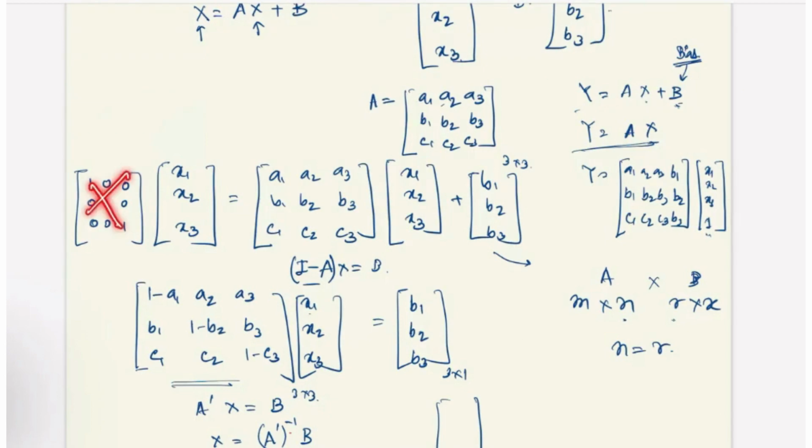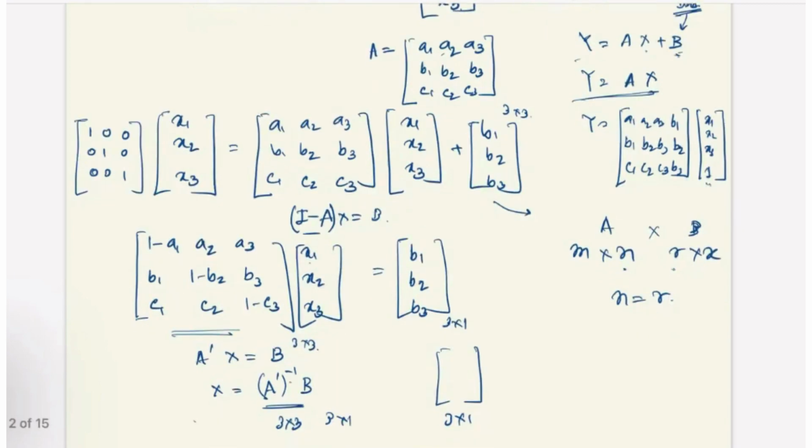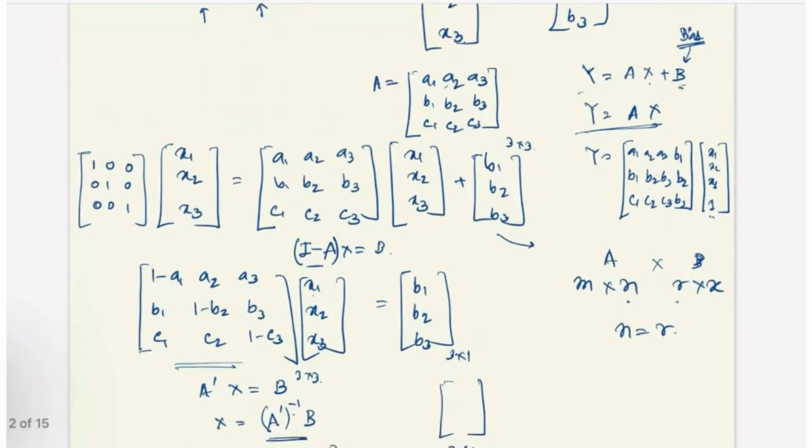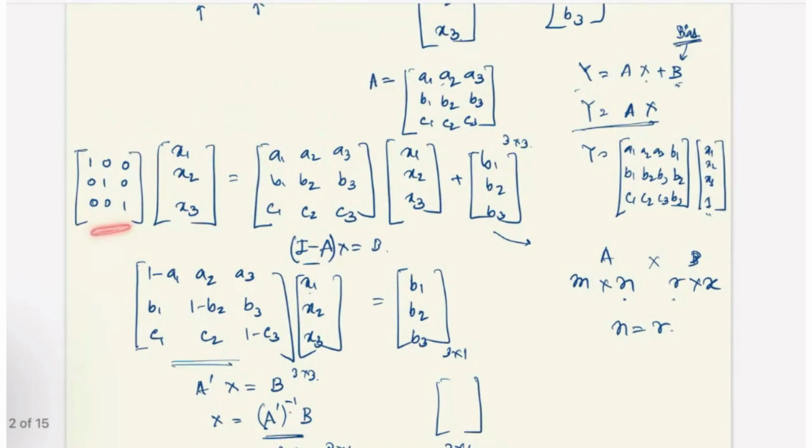We can multiply x1, x2, x3 with this matrix, and if you multiply x1, x2, x3 with this and get b1, then you can find a system of linear equations and write it in terms of a matrix.